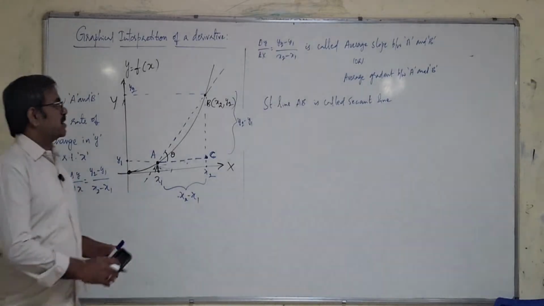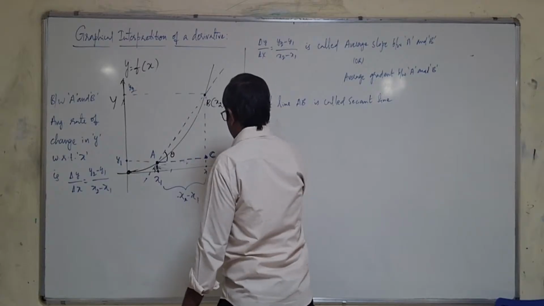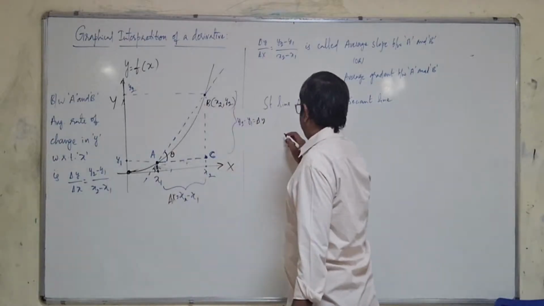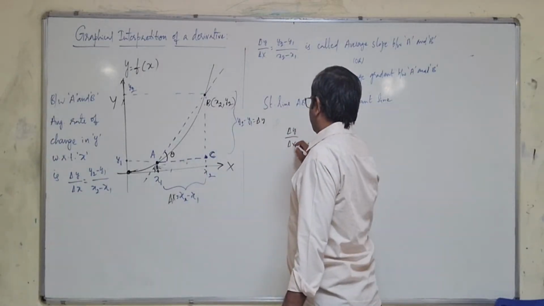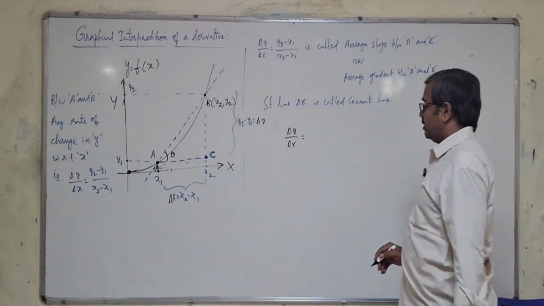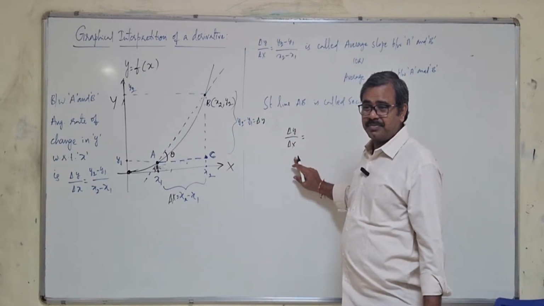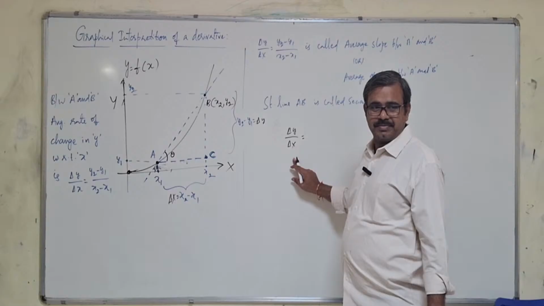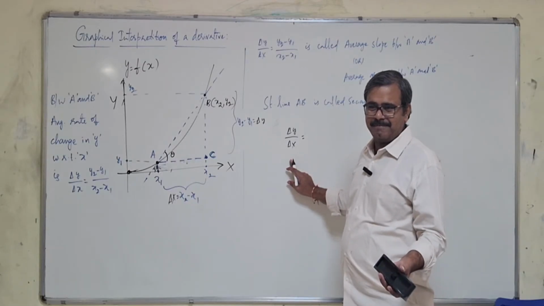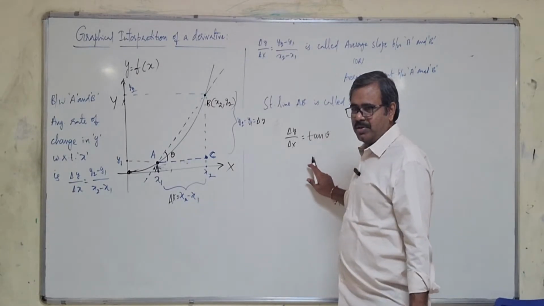So Y2 minus Y1 by X2 minus X1, or delta Y by delta X. Delta Y is the opposite side of theta and delta X is the adjacent side of theta. What is the ratio of opposite side to adjacent side called? Trigonometric ratio. Tell me please, the ratio of opposite side to adjacent side. Tan theta. So delta Y by delta X is equal to tan theta.